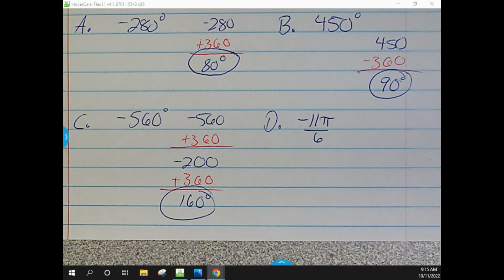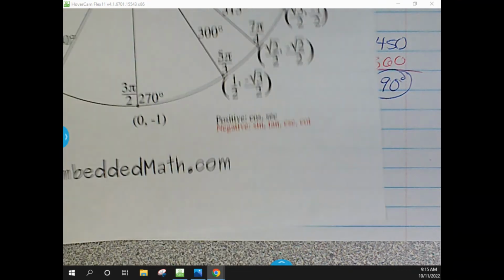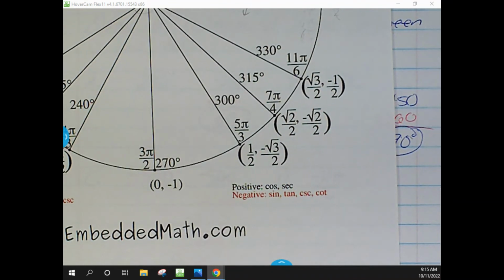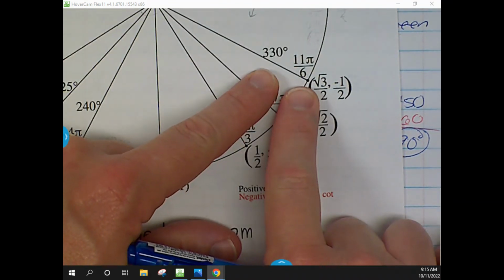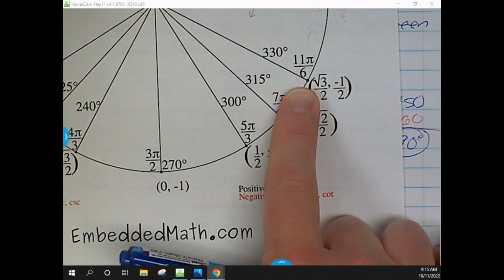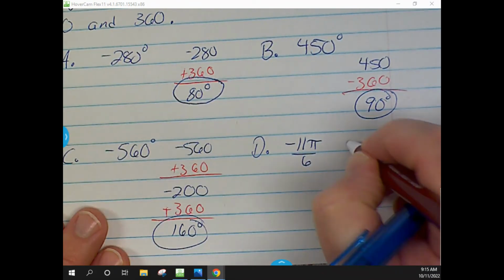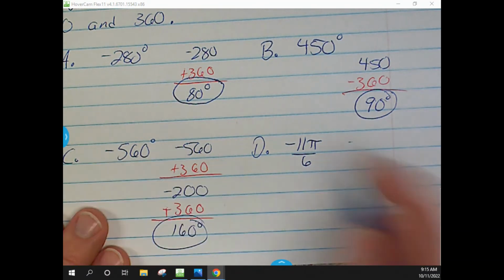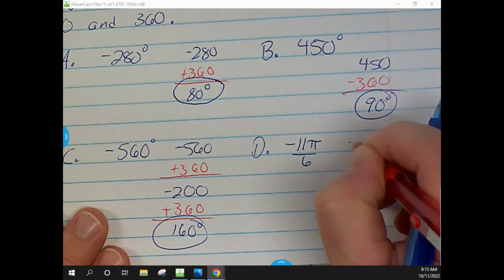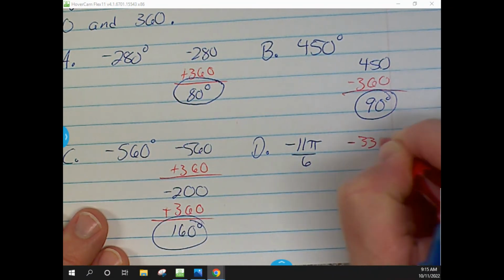Easy way. Okay, glad that you said that because I don't want to do the hard way. All right, if it's negative 11 pi over 6, what is 11 pi over 6 in degrees? 330, right? So negative 11 pi over 6 is the same thing as negative 330 degrees.